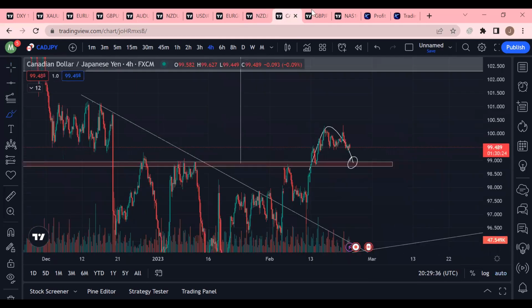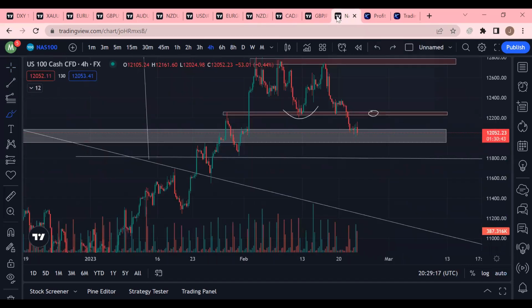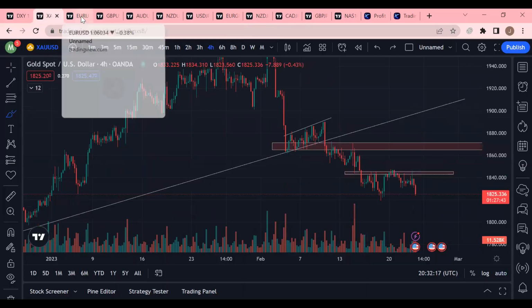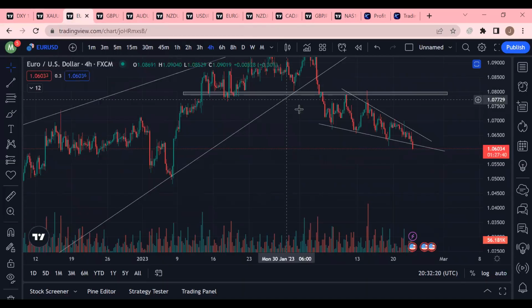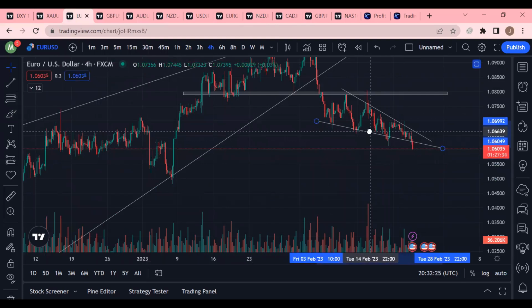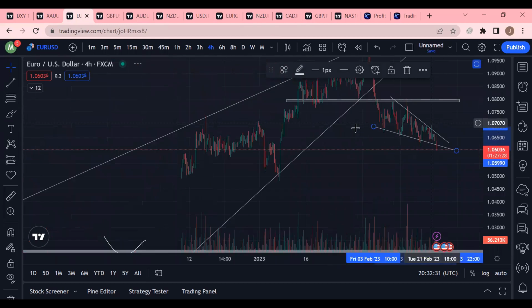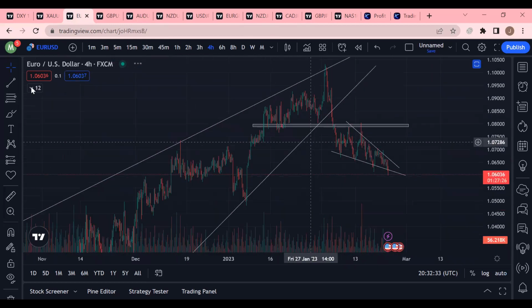I'm in trades on CAD JPY, JPY, NASDAQ, NZJPY, then gold, then Euro USD. Look at what Euro USD is doing right now. You're getting it: a falling wedge, and you're breaking out of that falling wedge. Definitely we are in something called drop based drop also.